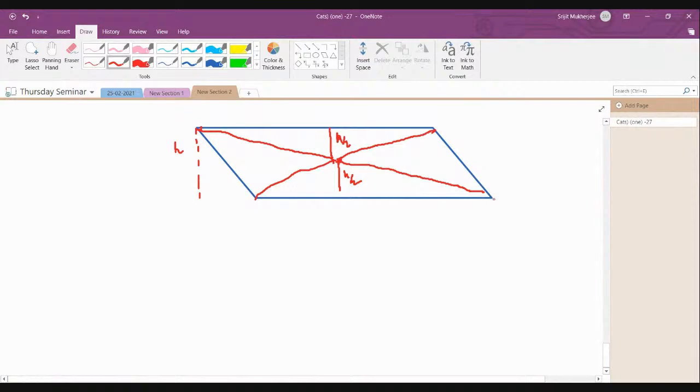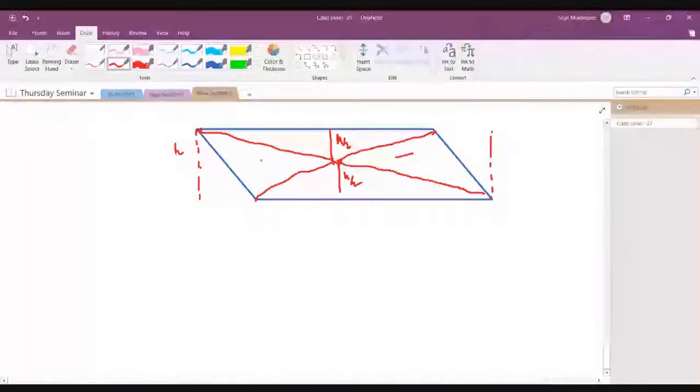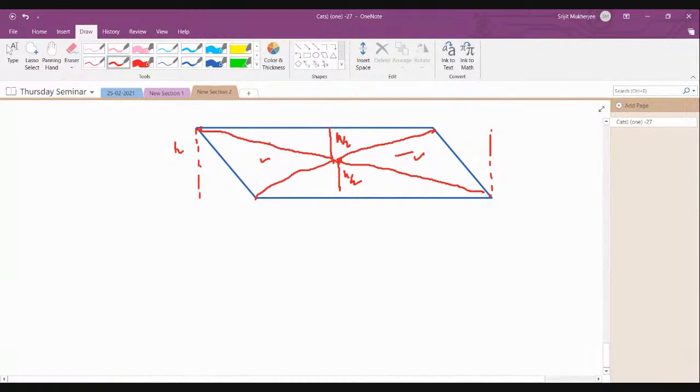I got curious: what is this distance rather? Does it really exist for this? So if it's midway, of course, these two heights must be equal. This must be equal to this, then the height must be equal.